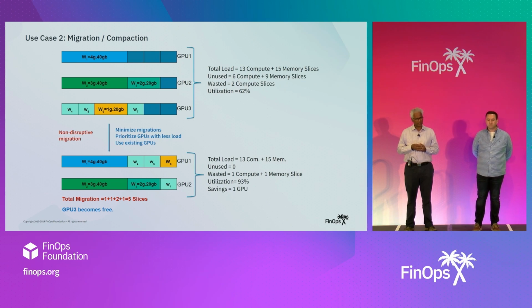You've kept W2 where it was and W3 where it was, and then you have one empty compute slice, right? Essentially, you've taken a workload that was deployed on 3 GPUs and compacted it into 2, so your GPU 3 is available for you to use for other purposes, right?